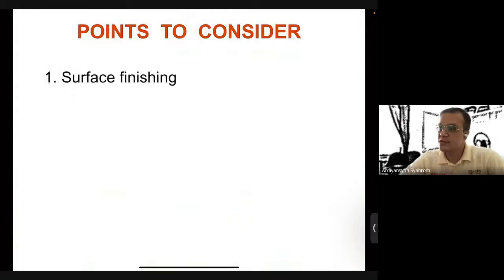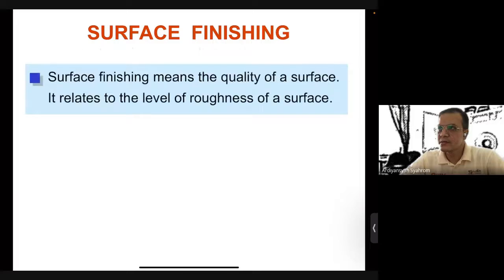The first is the surface finish, tolerance and size geometry. Surface finish means the quality of the surface is related to the level of roughness of the surface.